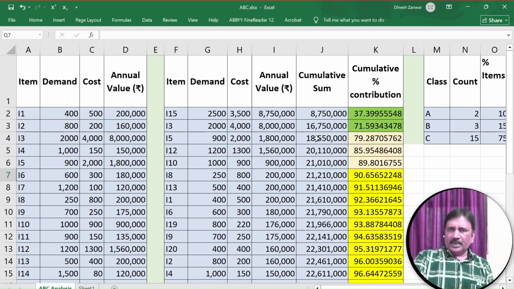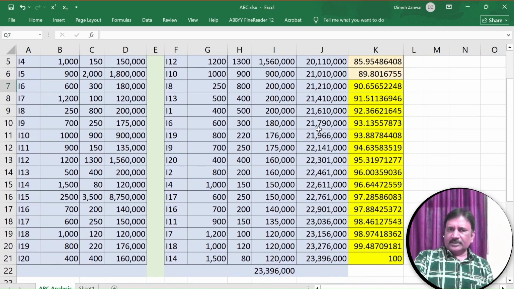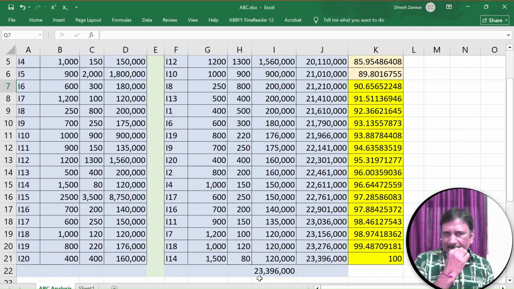We go on adding and getting the cumulative consumption. Okay, and the total consumption for all the items taken together is 233 lakh 96,000.